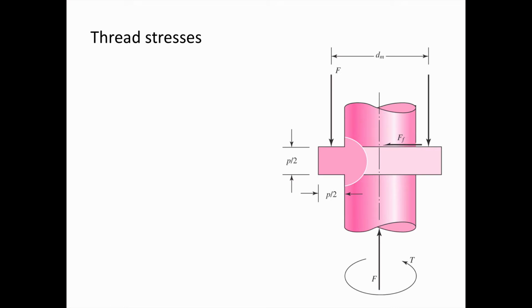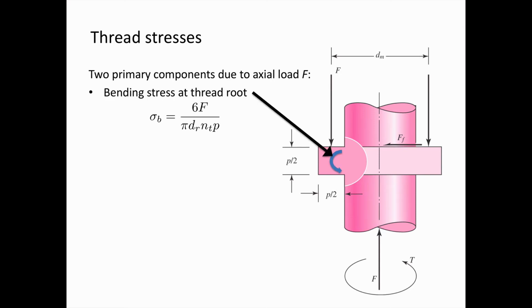Okay, let's have a look at stresses that are acting at the threads. And so here's the diagram again where we're simplifying the threads, and we look at the forces that are acting on these threads. And there are two primary components due to this axial load F. The first is going to be the bending stress at the thread root.